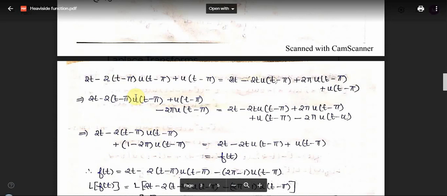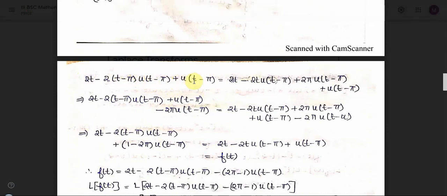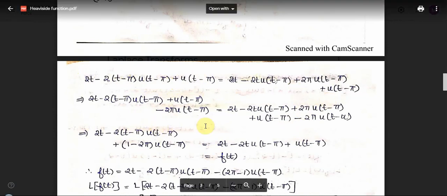Therefore, this is what I wanted over here: 2t minus 2 into t minus pi, u of t minus pi, plus u of t minus pi. And here, I will subtract 2 pi u in this function.